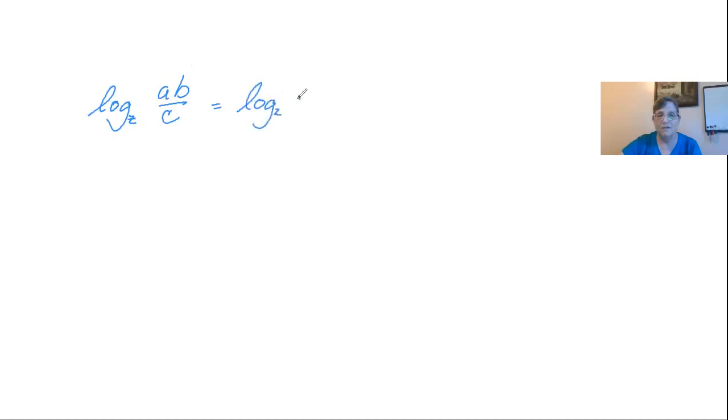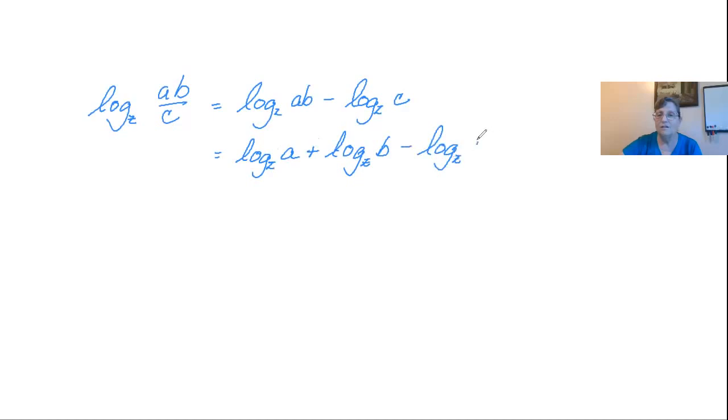So it's the log base Z of AB minus the log base Z of C. The log of A times B is going to be the log of A plus the log base Z of B, and then minus the log base Z of C. If you're taking the log of a fraction, all of the logs of the things in the numerator are going to be positive, and all of the logs of the things in the denominator are going to be negative.